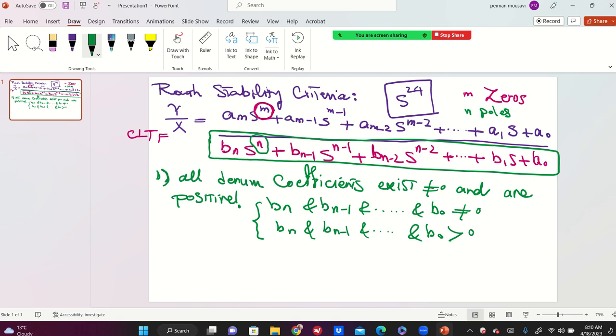Example. Simple example. If y over x is 1 over s cubed plus s squared plus 4, is this system stable or unstable? By looking at it.